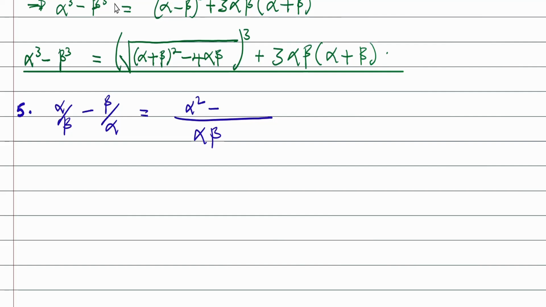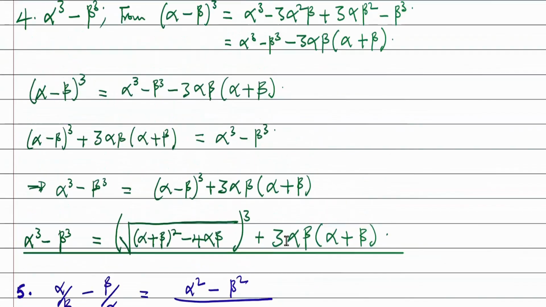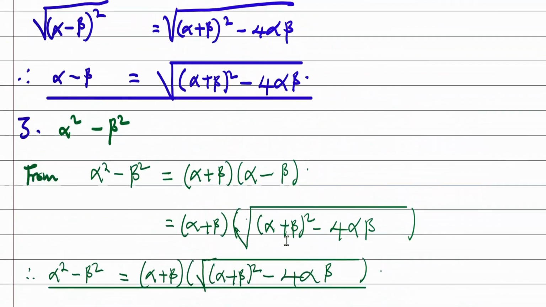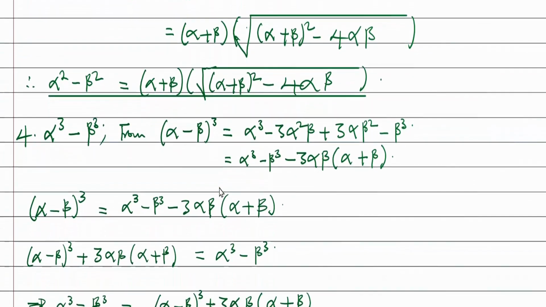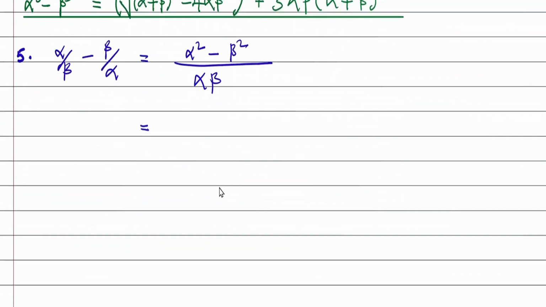Minus alpha beta divided by alpha, we get beta, multiplied by beta, giving us beta squared. So we can now simplify the above expression. But from the previous example, alpha squared minus beta squared is the same as this expression here. So we can just copy it.